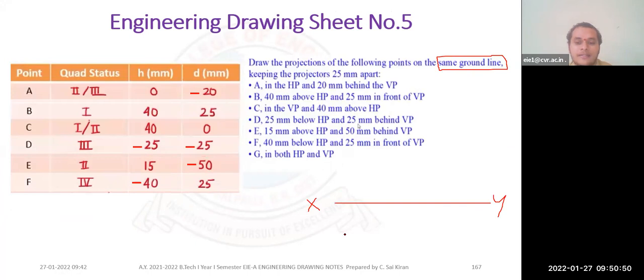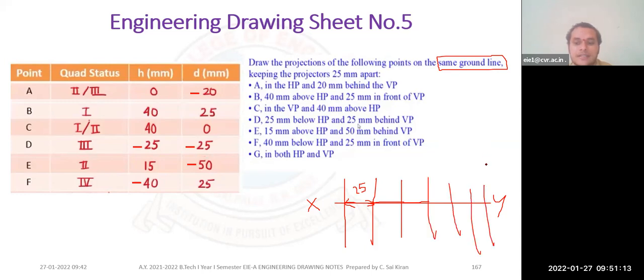Suppose I am drawing the letter A. From A to B, the distance should be 25 mm apart. Then for C, give 25 mm distance, and again 25 mm distance, drawing till G. Give equal spacing of 25 mm.